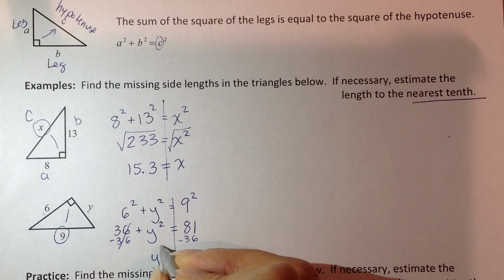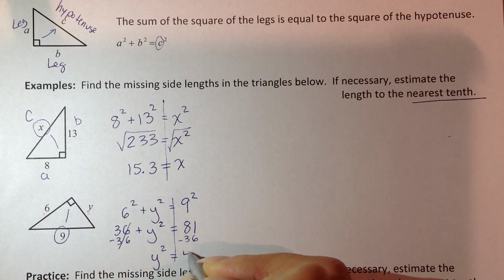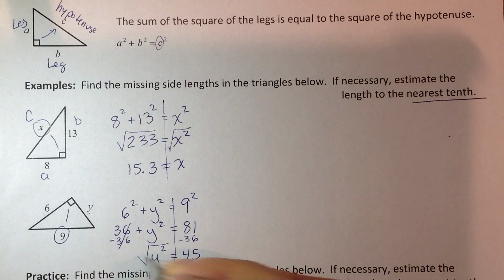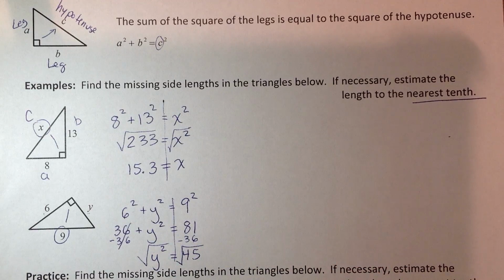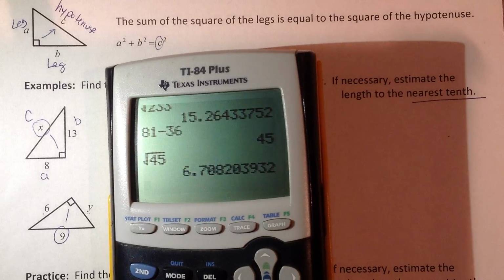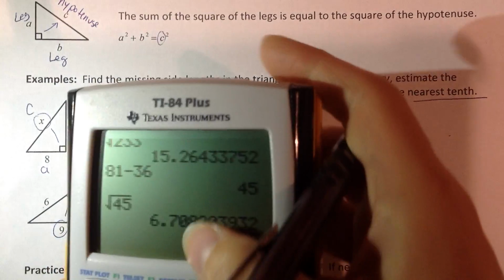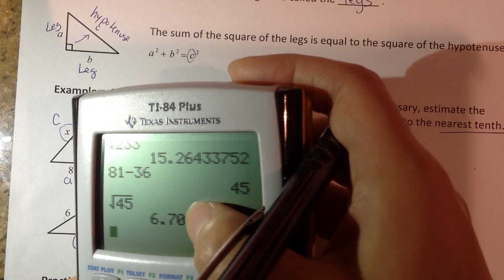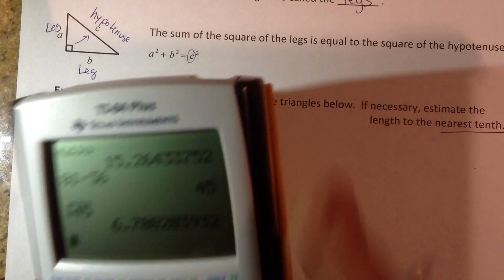So I get y squared equals 45. And the inverse operation here again, I'm going to have to square root. And I'm going to get 6.7. This time when I estimate here, my next digit is a 0, so that's going to leave the 7 where it is.